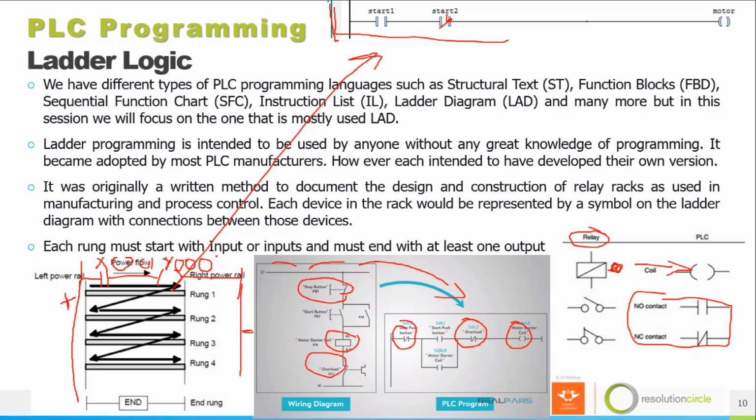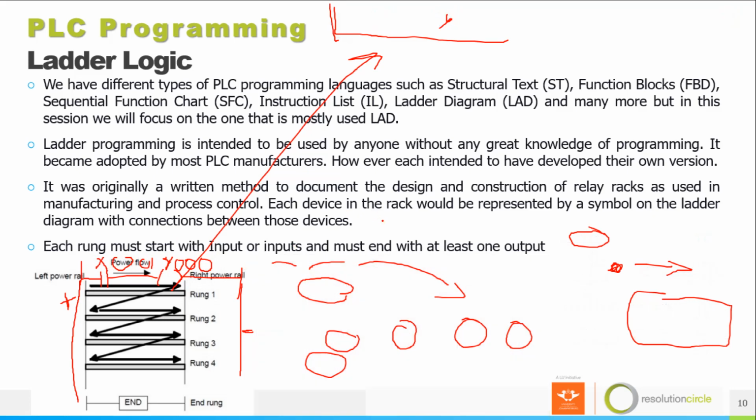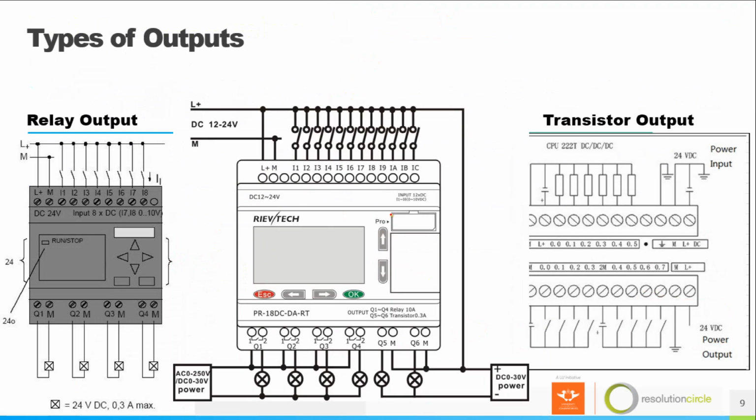So on your output module, let me go back to show you. You see, I have Q1, I have Q2, I have Q3, I have Q4. When you are programming, you will have to give Q1, Q2, Q3, Q4 addresses.